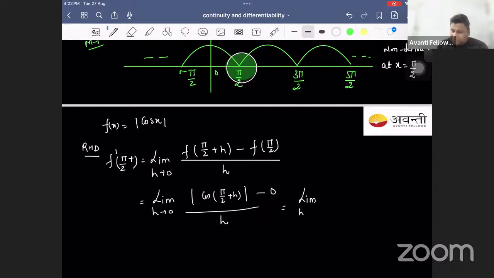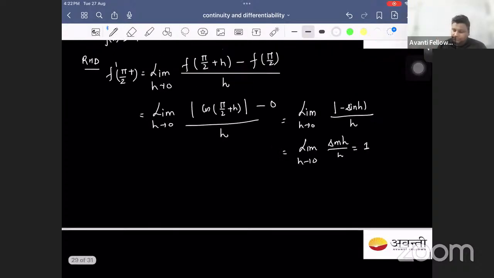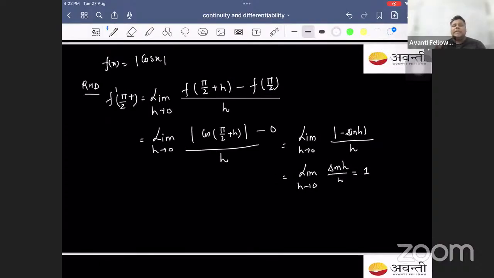Now, cos of pi by 2 plus h is going to be minus of sin h upon h. Am I clear? Now, h is a very small positive quantity. So mod of sin h can be written as sin h, limit h approaches to 0, sin h upon h, and this answer is going to be 1. Am I clear? So this is the right hand derivative at x equals to pi by 2.